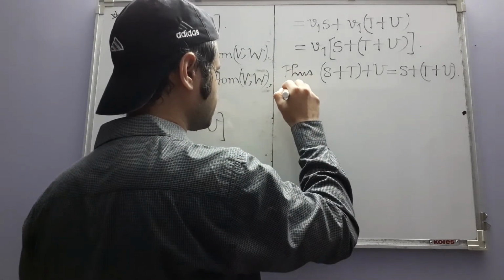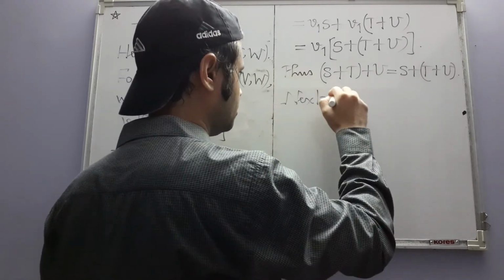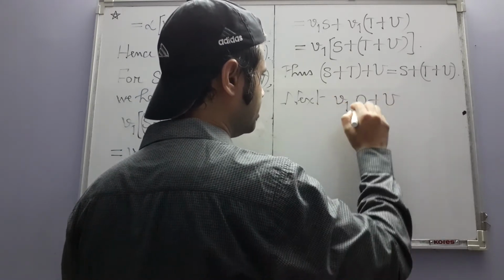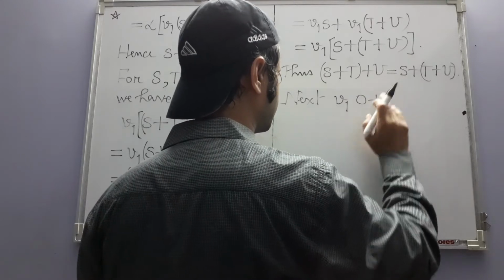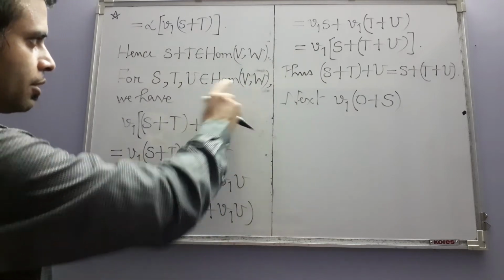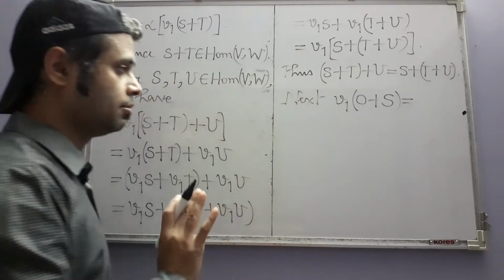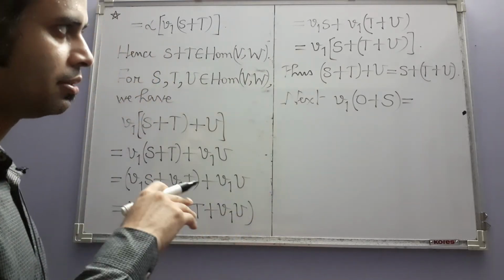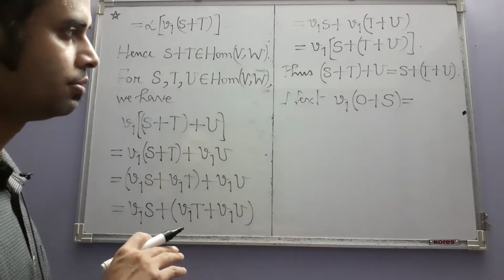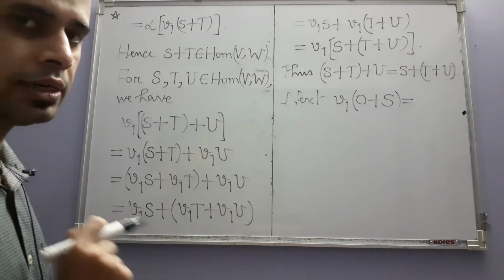Next, we see what happens if we apply 0 plus, let's use S, on this arbitrary vector V1 from capital V. By the definition, you see in many places we are tempted to write some things which seem very natural to us.